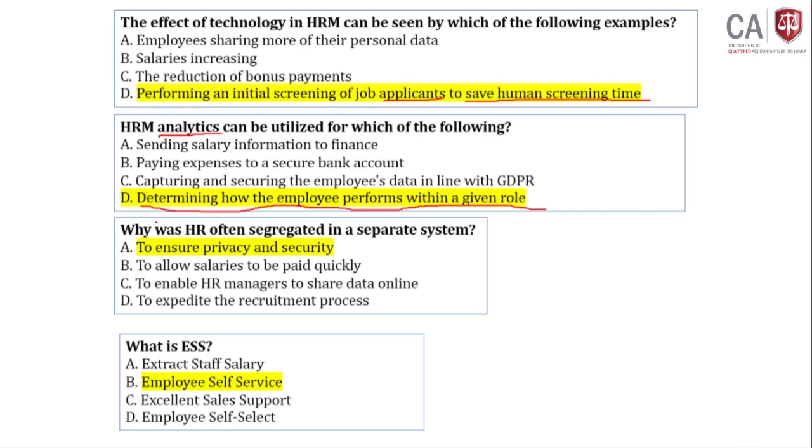So, okay. Then why is HR often segregated in a separate system? To ensure privacy and security. Actually, in the HR system, the salary details also can be there. So, most of the organizations hide the salary even within the HR system sometimes.